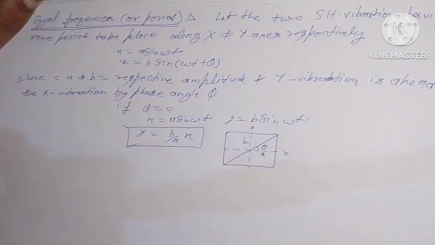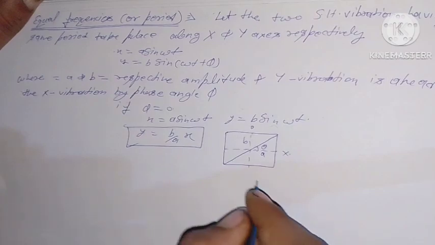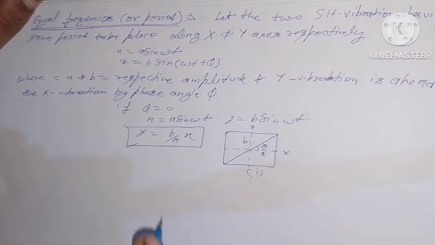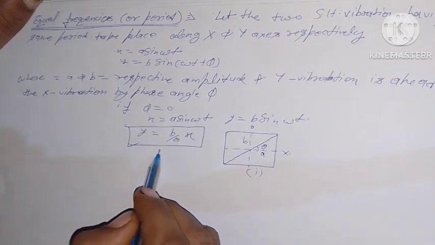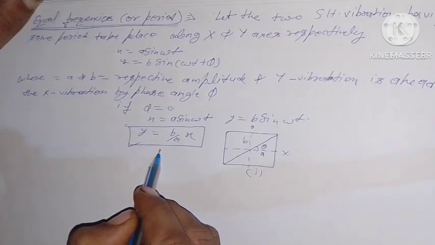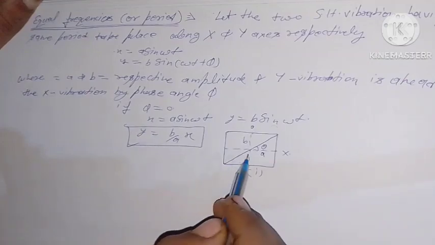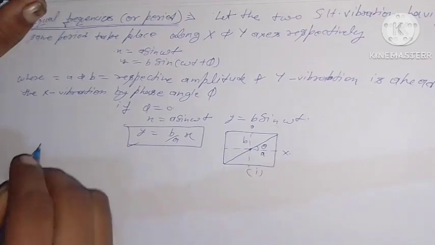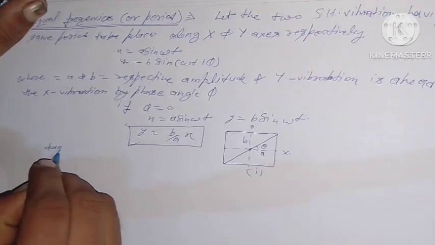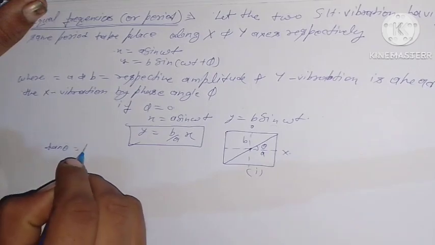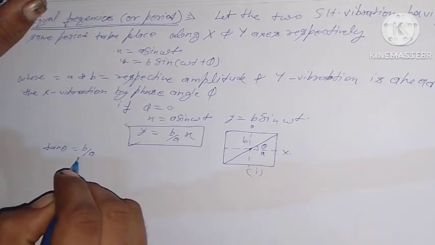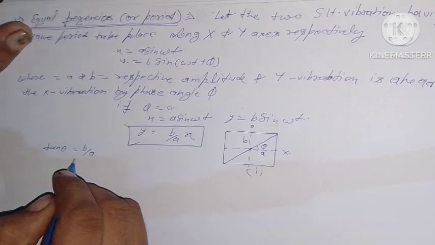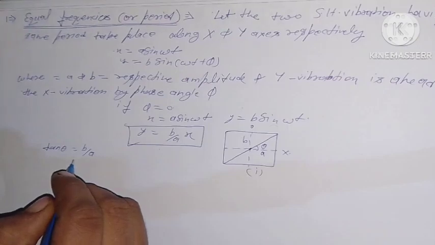This is the first figure. This represents a straight line through the origin, and tan theta equal to b by a.